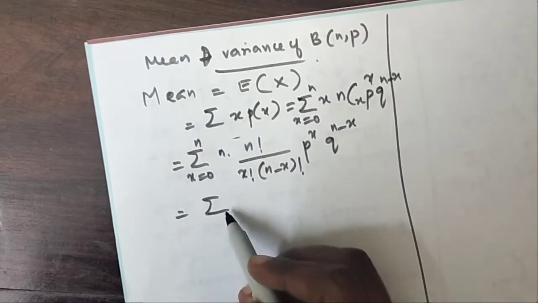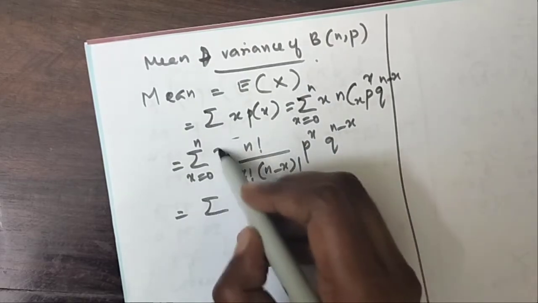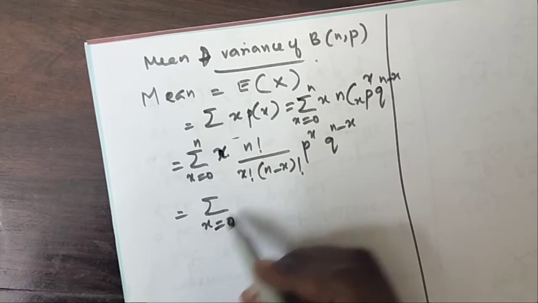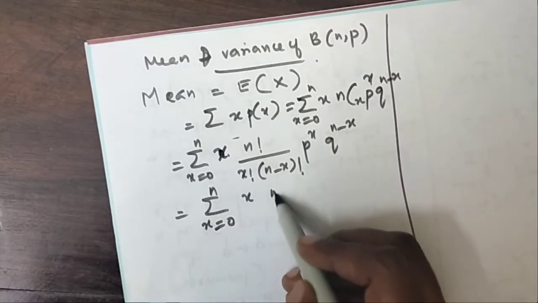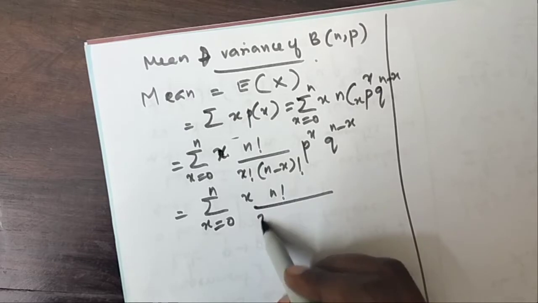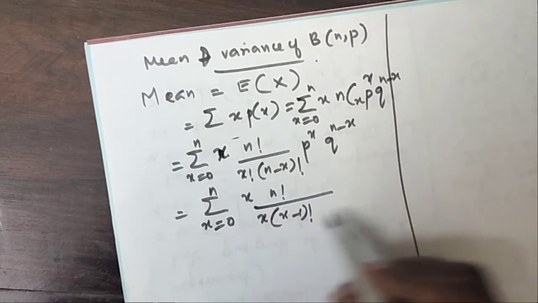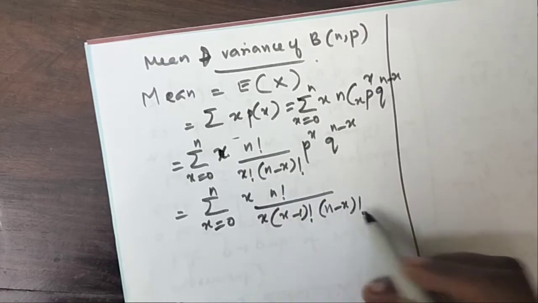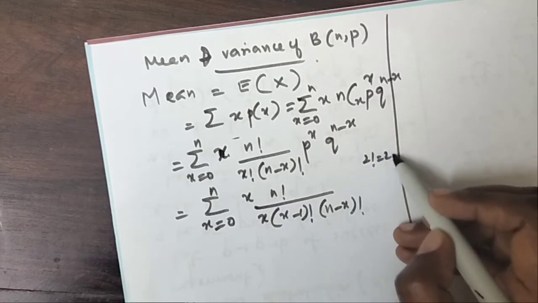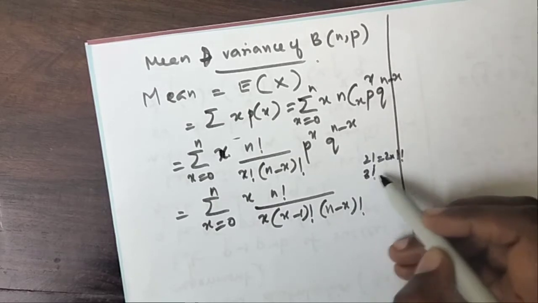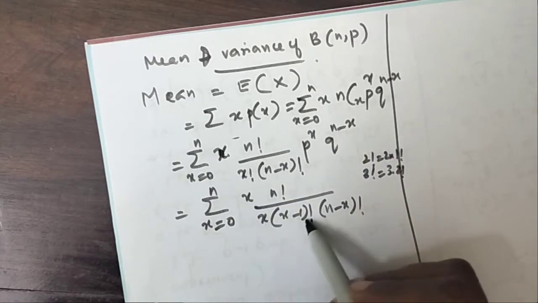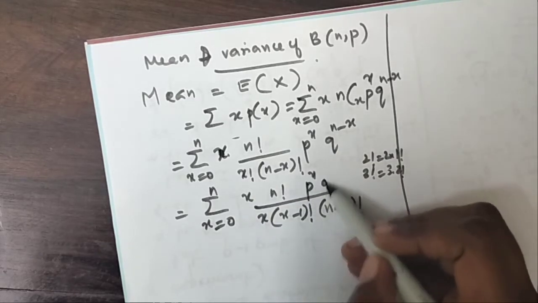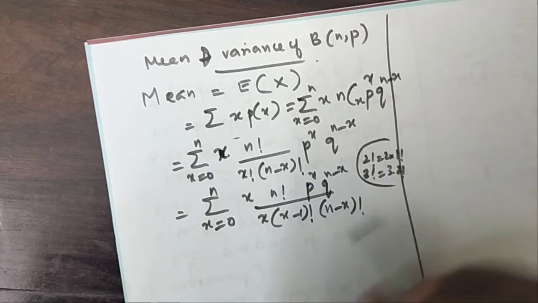Or it is sigma x, this is x. So x varies from 0 to n. So there is a term x and x factorial in the denominator. So we can write the denominator x factorial as x into x minus 1 factorial. Okay, because 2 factorial is 2 into 1 factorial, 3 factorial is 3 into 2 factorial, etc. So x factorial is x into x minus 1 factorial, p raised to x q raised to n minus x.